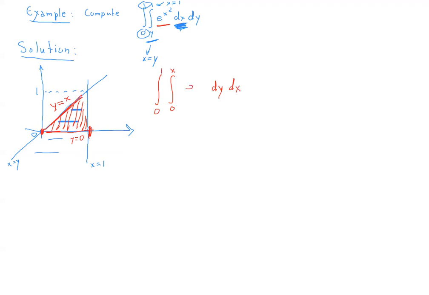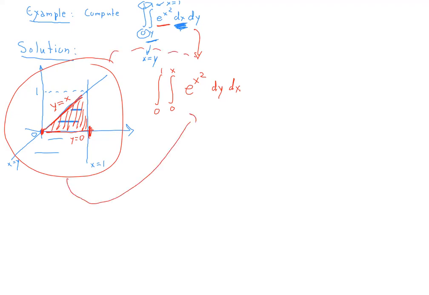The integrand is e to the x squared. But the thing that I would like to emphasize most is that you should never try to go from this integral to that integral without going through the domain first. So this whole process always goes through the domain.